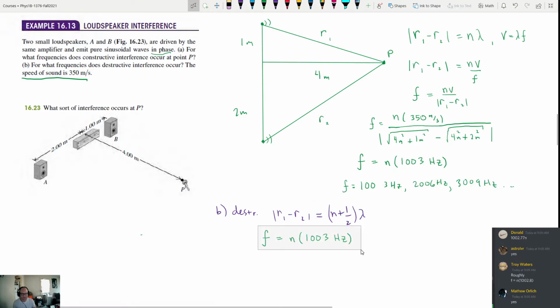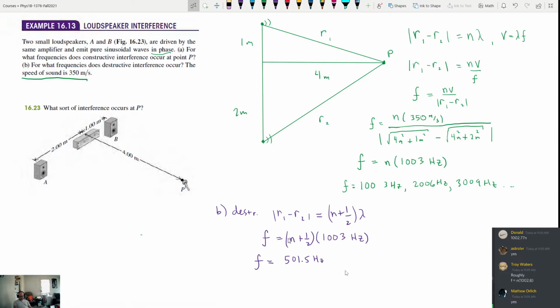Anyway, it's going to be the exact same answer, but now we just replace n with n plus half. So now we're going to get frequencies that are this divided by 2, which would be, what, 501.5 hertz?